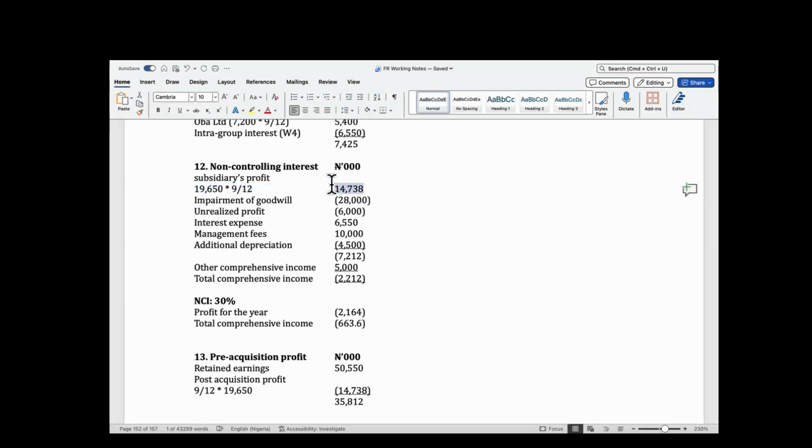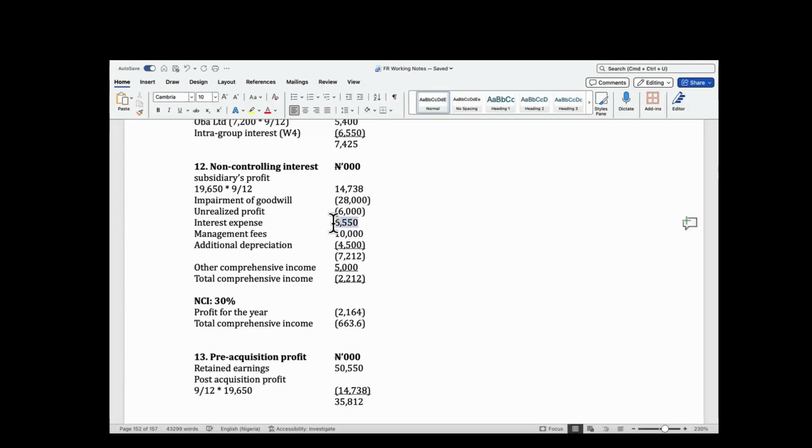Then all the adjustments I've made that have impacted the subsidiary's profits. Number one, goodwill. And that's because NCI was measured at fair value. Number two, unrealized profits. This is because it was the subsidiary that made the profits.